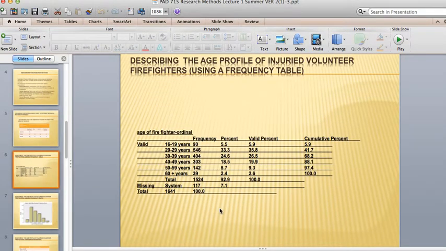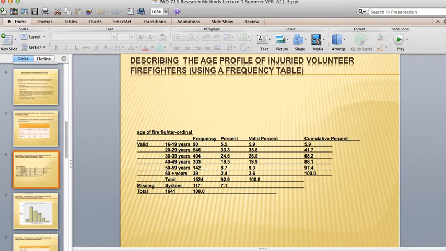In this slide, what we're interested in looking at is picking out patterns among firefighters by age. We're interested to know where we find the highest frequency of firefighters injured by age. And you'll see that when SPSS, your software, makes a frequency table, it takes the raw counts of the firefighters.